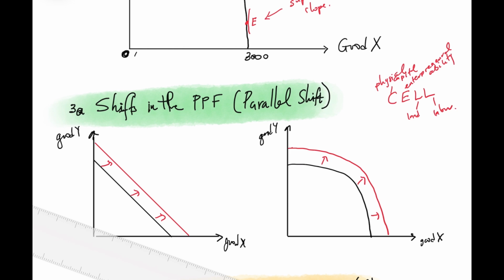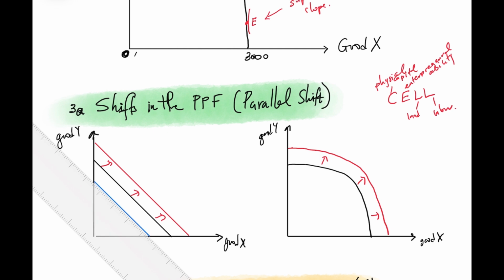Can we get an inward parallel shift? Oh yeah, we can. In that case, maybe something happened to our labor. Maybe there was a disaster, most of the labor passed on or became incapacitated somehow, or our physical capital was destroyed in a fire. You see where I'm going with this? Okay, let's draw that, an inward shift.